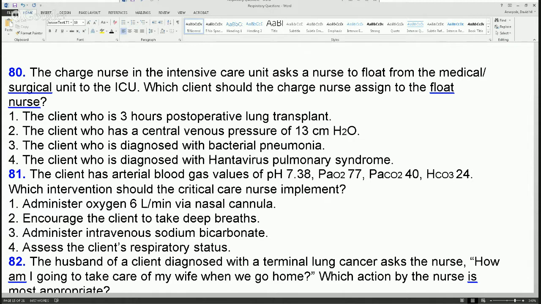Float nurse in the medical unit. Whatever number the bacterial pneumonia one is, that's the one you want to give them. Yes, they can give antibiotic therapy. What's the normal central venous pressure? The CVP is, well, they gave here a 4 to 10, but if it's elevated, it indicates right ventricular failure or overload.